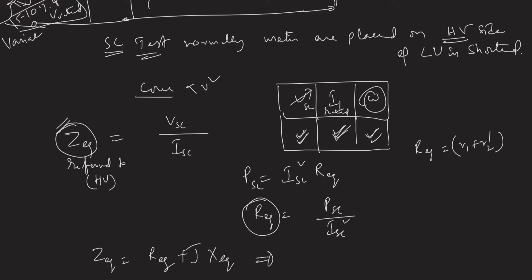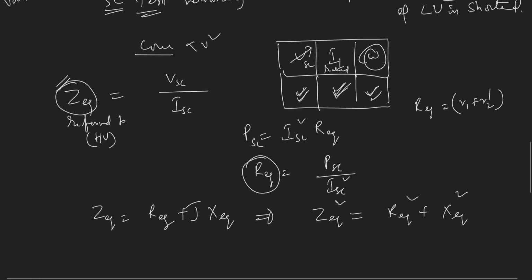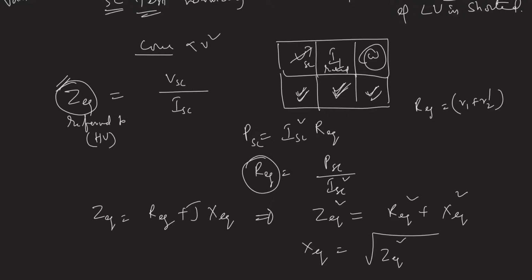Magnitude wise, Z equivalent square equals R equivalent square plus X equivalent square. So X equivalent equals root over Z equivalent square minus R equivalent square.